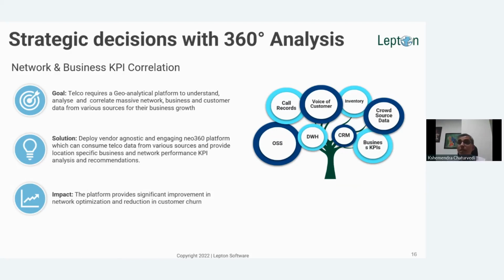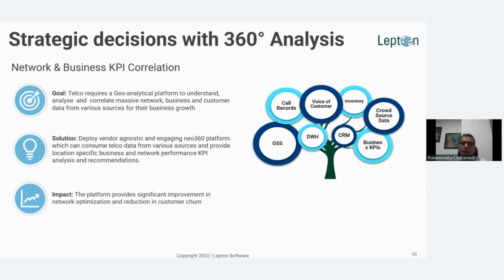So you need a system that is able to ingest these, do customer sentiment analysis, and correlate it against your network topology and the geography where those complaints are coming from. It should give you the ability to take a decision to hit the problem at the root cause and fix it, if there is congestion or a cell site needs capacity enhancements. To do all this, there is a system called Neo 360.